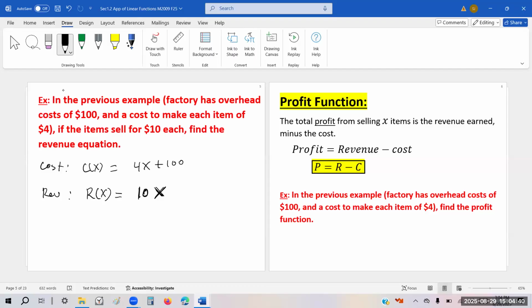Whatever you made by selling, you subtract whatever you spent on buying them. So the profit function is the revenue function minus the cost function. Profit is revenue minus cost. Whatever money you gained, you subtract how much you spent.